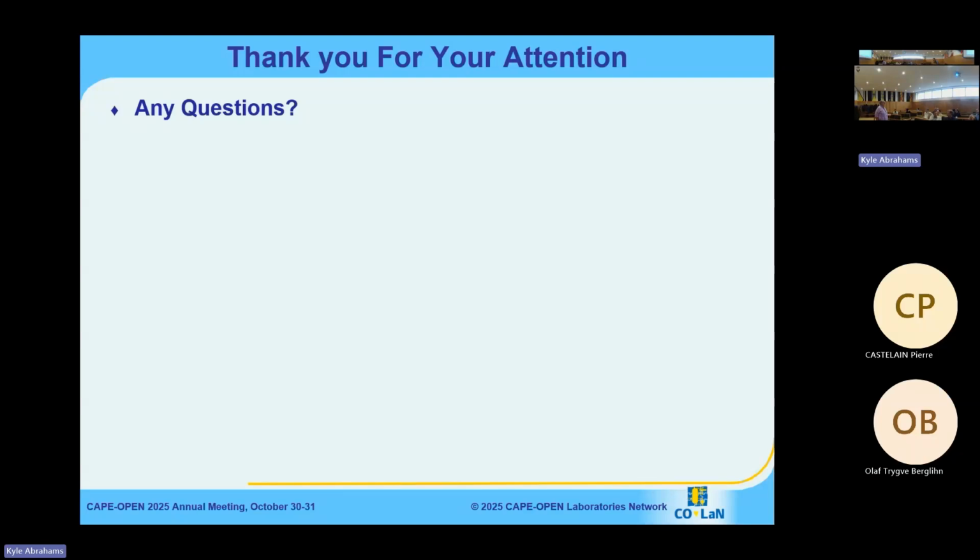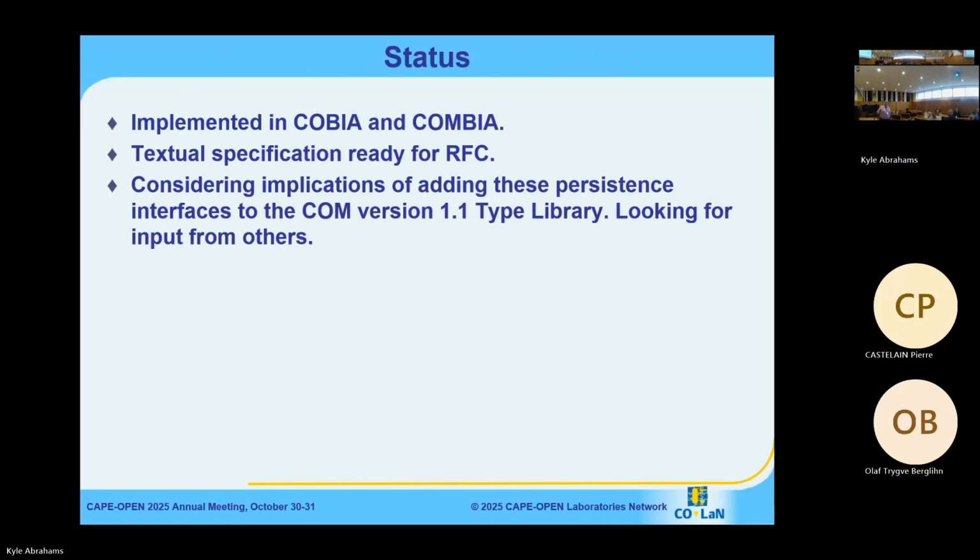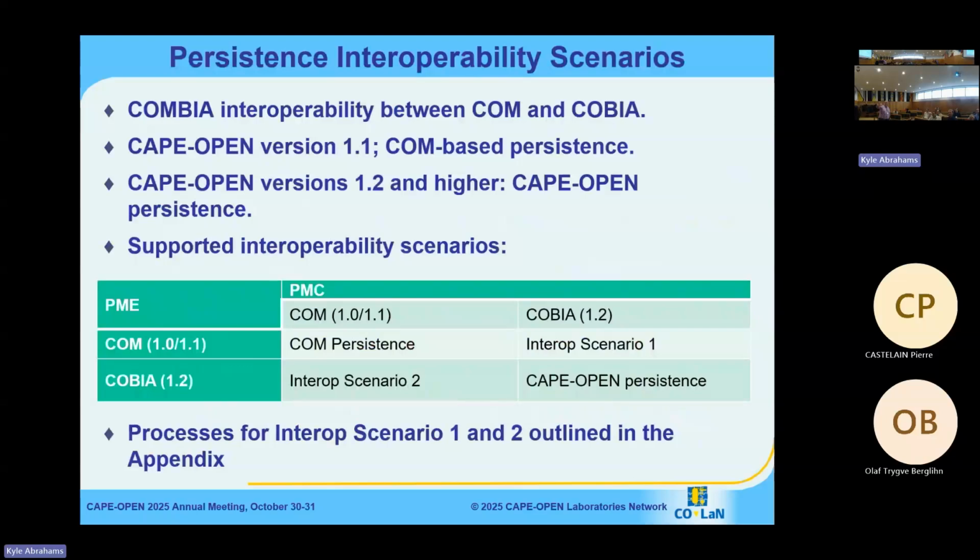Oliver, you had your hand up briefly. Just maybe you said it and I missed it in the talk, but how does this interfere with the old persistence? That is covered within the transitioning and the interoperability grid here, showing what the scenarios are depending upon what type of PME and what type of PMC you have, whether you're a COM-based PMC.